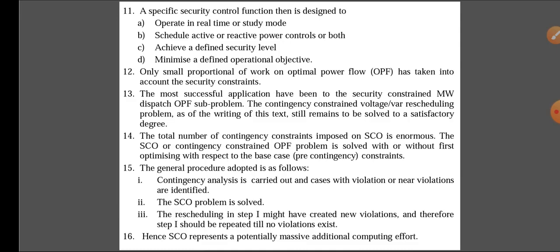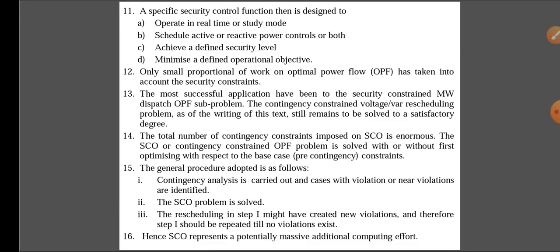The total number of contingency constraints imposed on security-constrained optimization is enormous. The security-constrained optimization or contingency-constrained optimal power flow problem is solved with or without first optimizing with respect to the base case, which we can refer to as pre-contingency constraints.